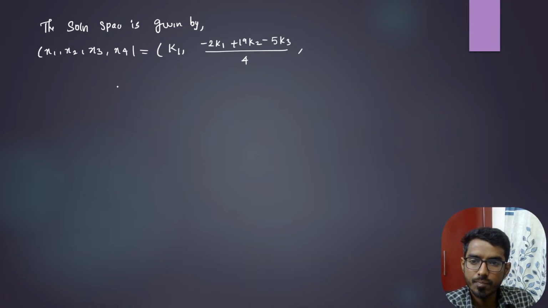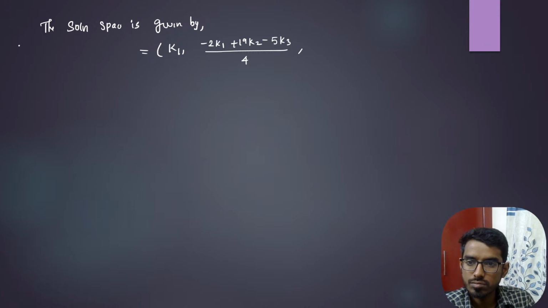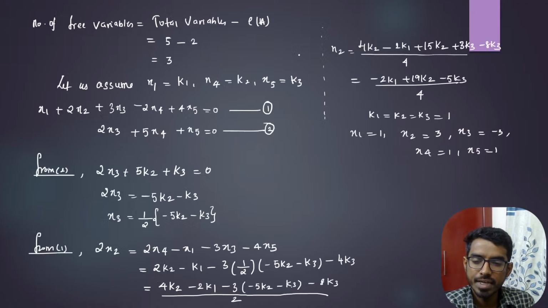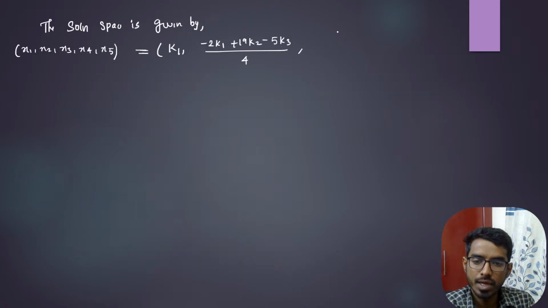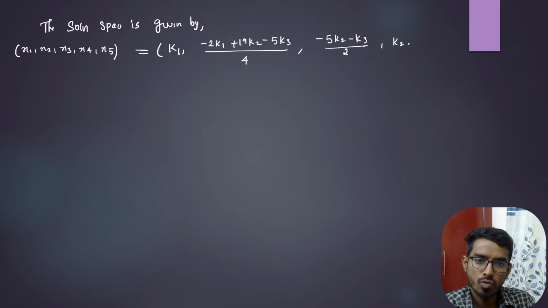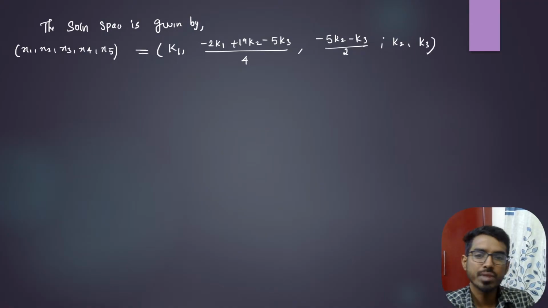Then x3 is k1... no, x3 is (-5k2 - k3) whole divided by 2, and then x4 is k2, and x5 is k3, right?